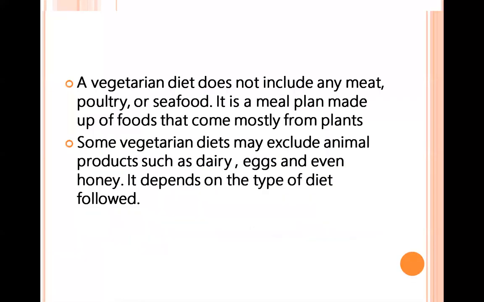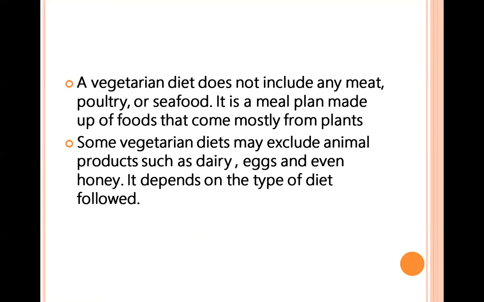So first of all, what does a vegetarian diet mean? Obviously, it does not include any meat. Any products that consist of animal protein must be excluded. As you can find on this screen, it is a meal plan made up of foods that come mostly from plants.